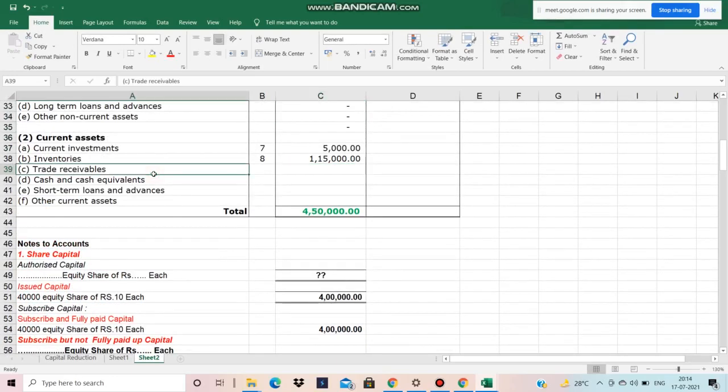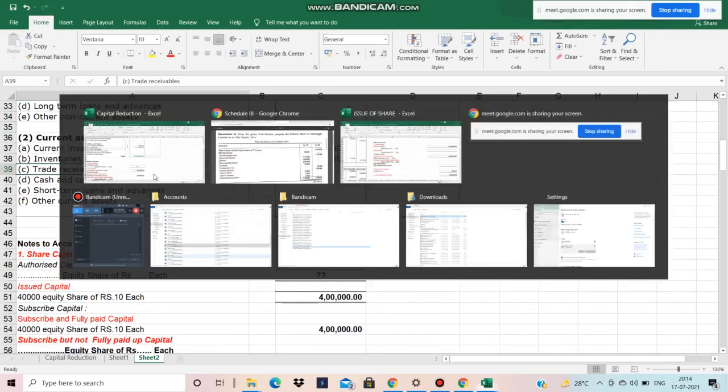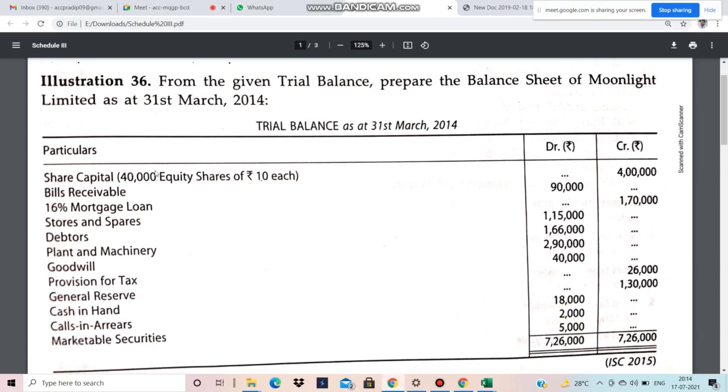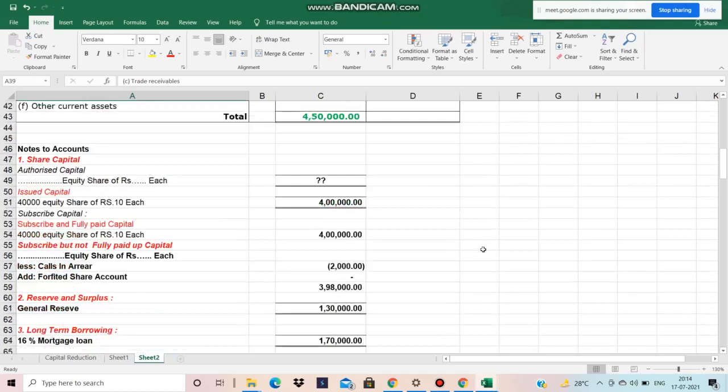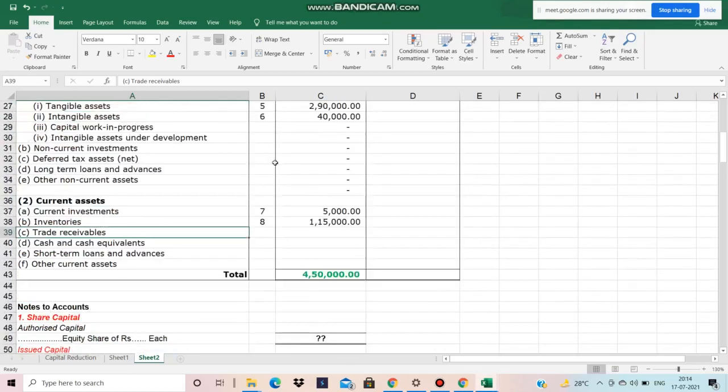Now trade receivable means the sundry debtors, bills receivable. So the bills receivable is 90,000, and there are debtors also, which come under the trade receivable. So it will be note number 9.